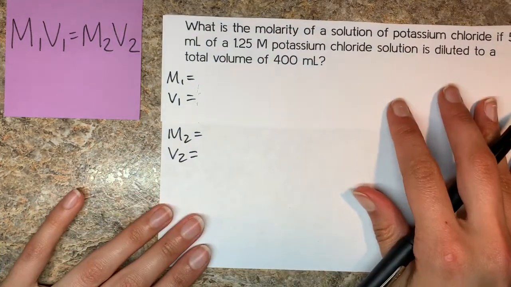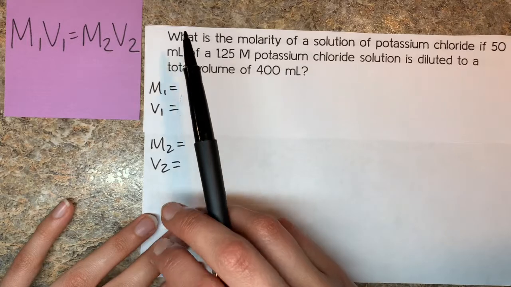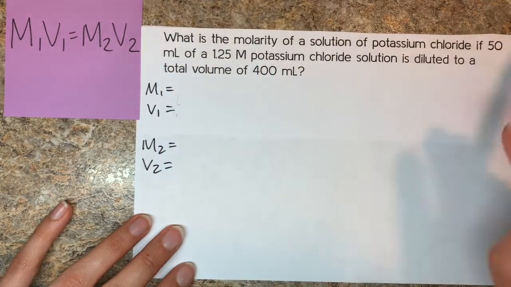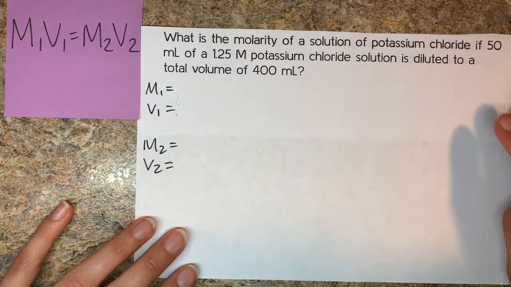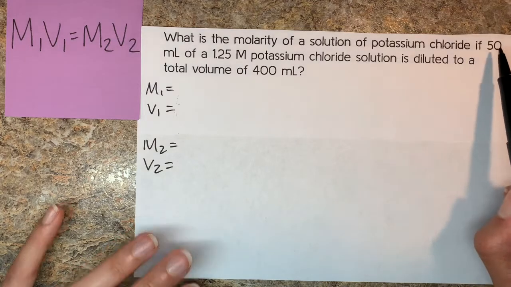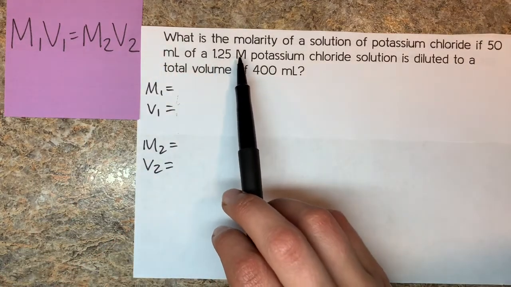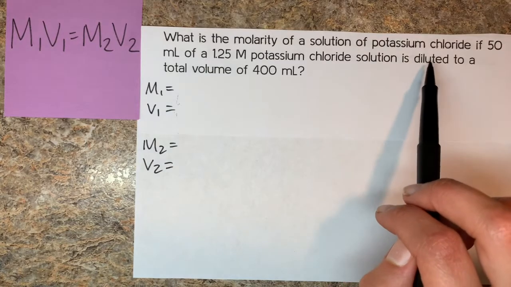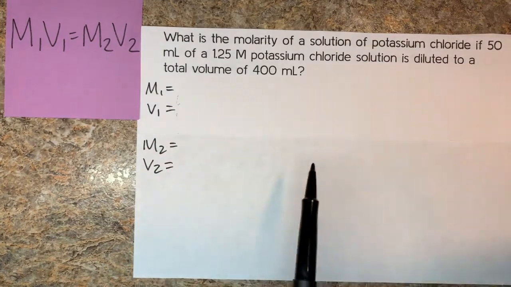So I'm going to look at my problem here. It's asking what the molarity of a solution of potassium chloride is if 50 milliliters of a 1.25 molar solution is diluted to another solution.